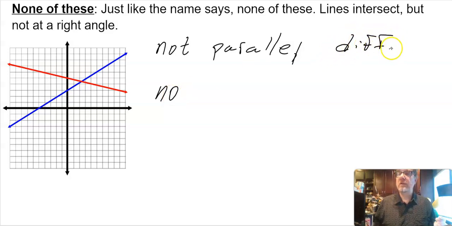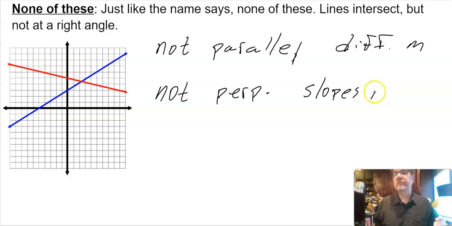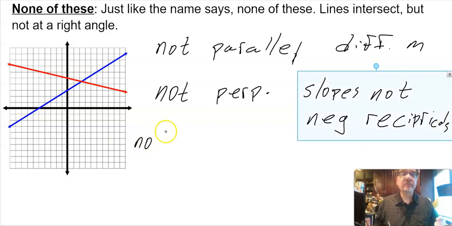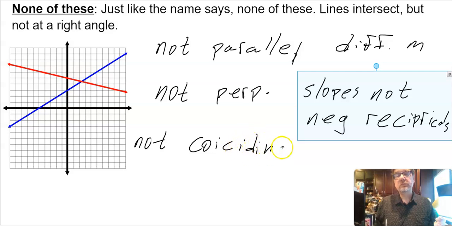They're not perpendicular, so that means the slopes are not negative reciprocals. Nor are they coinciding, so that means they are not the same. Boom.